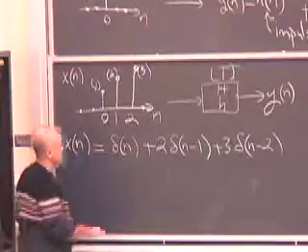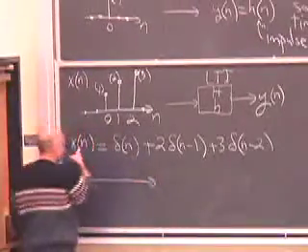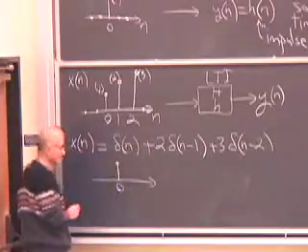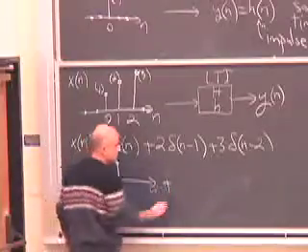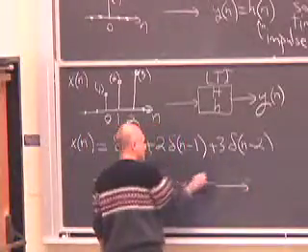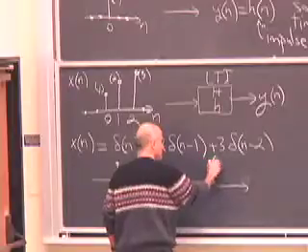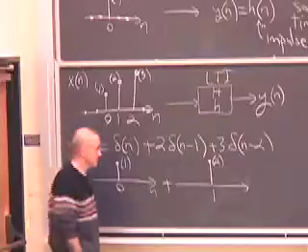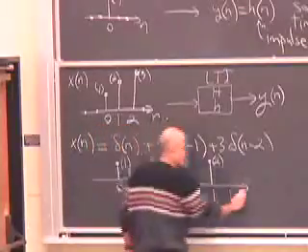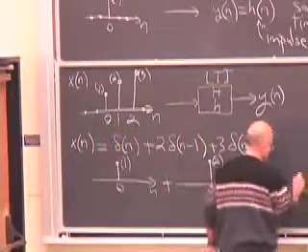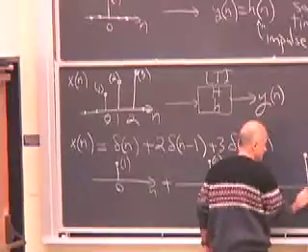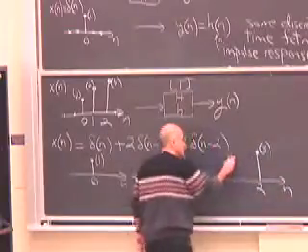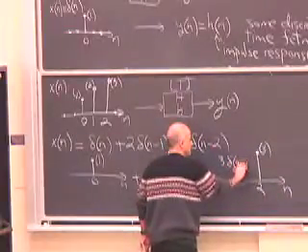So graphically, x of n would correspond to a lollipop scaled by 1 at the origin, plus a lollipop scaled by 2. This one is at 1, plus a lollipop scaled by 3, so this is 3 delta n minus 2.